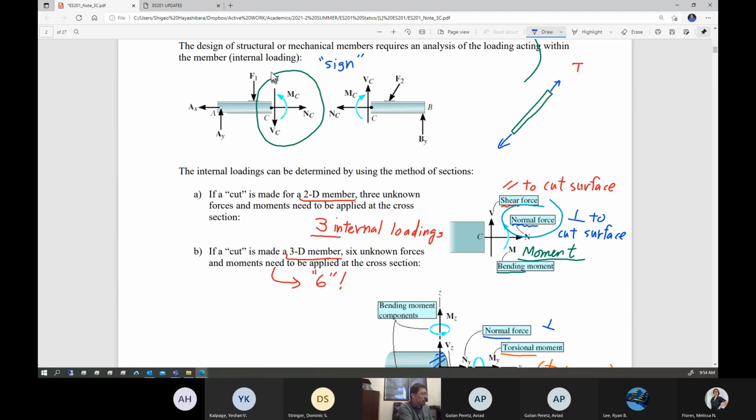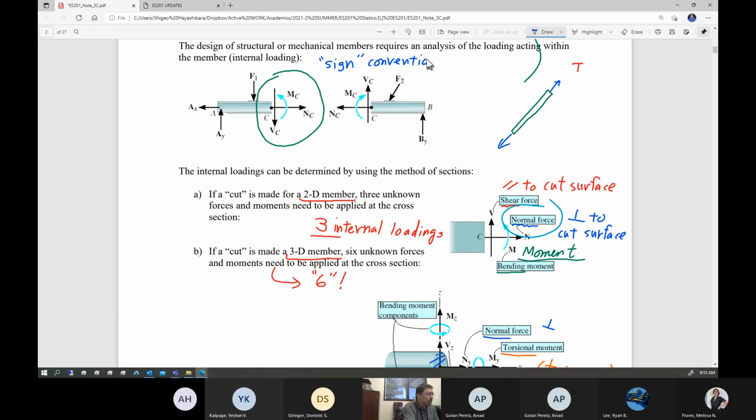When you do a cut and introduce unknown internal loadings, in this case 3 unknowns, usually you have no idea which direction those 3 internal loadings are. You have no clue. So you probably need to do a guess. When you do an initial guess, you need to go through the standard guess. It's called sign convention.